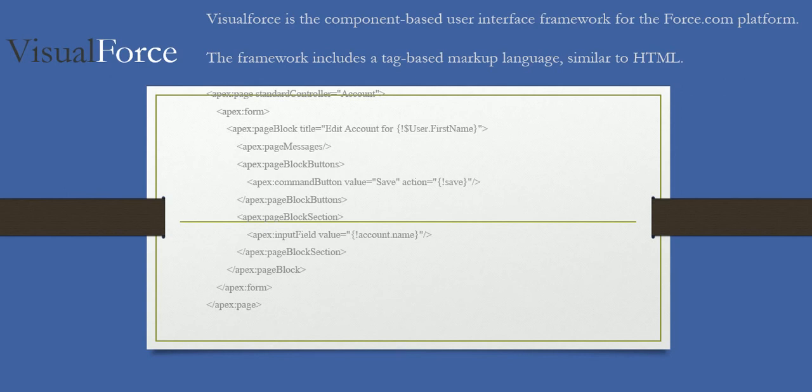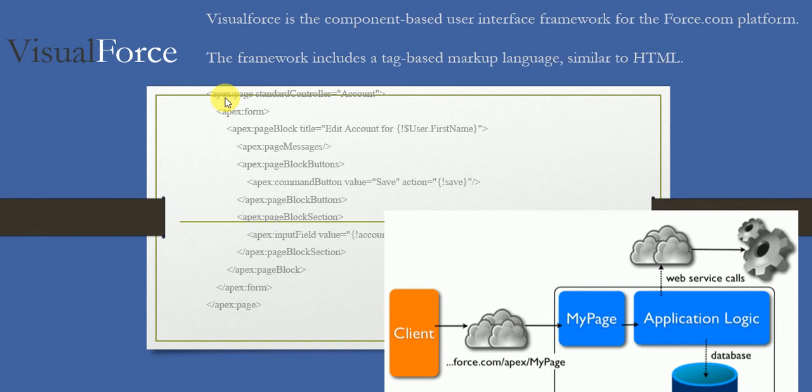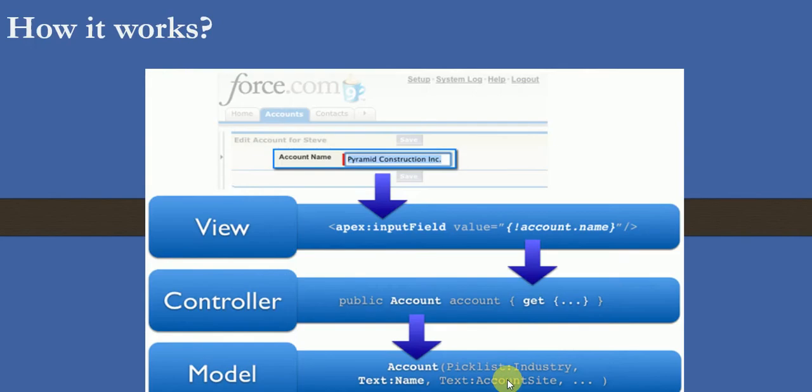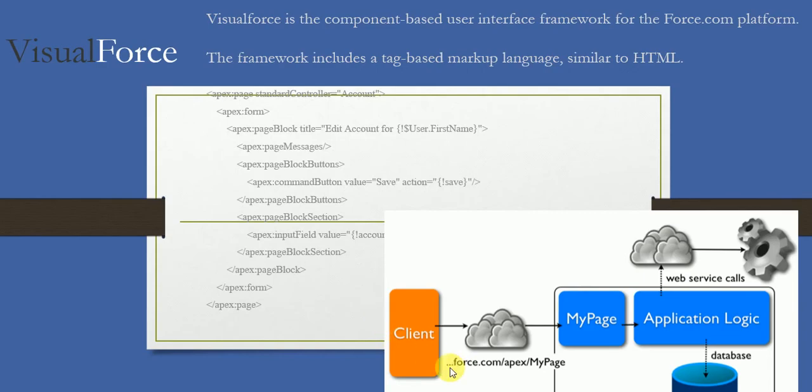Okay, so here it is, and the statement you can see here: apex:page standardController equals account. Apex is the namespace, where we can see that this is the Apex page. And how it will connect: the client will connect to it with force.com/apex/mypage.